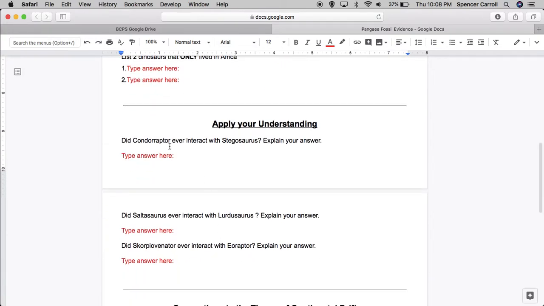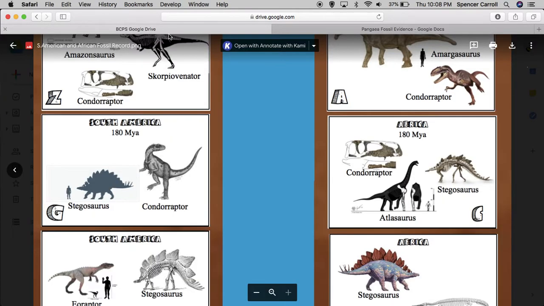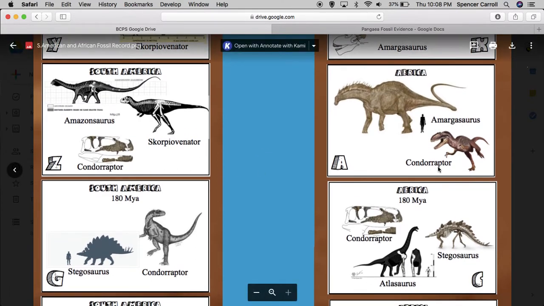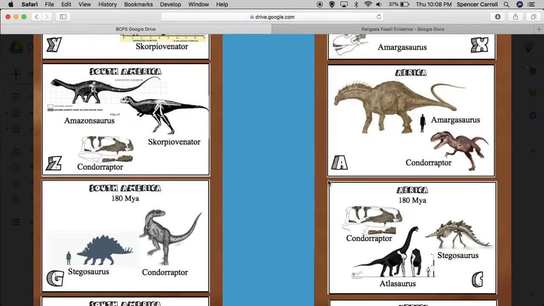All right, coming down here, did Condoraptor ever interact with Stegosaurus? Now this is an interesting question. Did this dinosaur ever fight or eat this dinosaur? That's an interesting question. Sure, it looks like this meat eater could eat something like this. I'm going to remind you that these different layers represent millions of years of time.